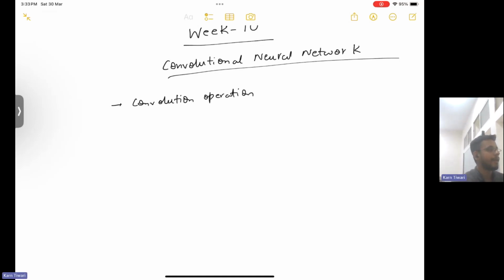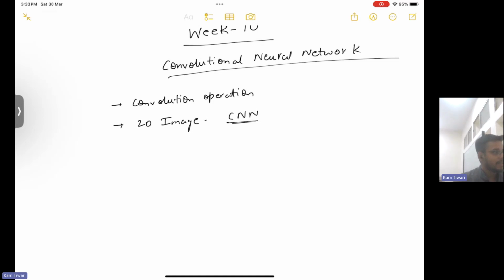So the thing covered in this week was the convolution operation. And then it covered how we perform CNN, that is, convolutional neural network, on a 2D image. It talks about filters, height, width, and the size, and how to classify it.